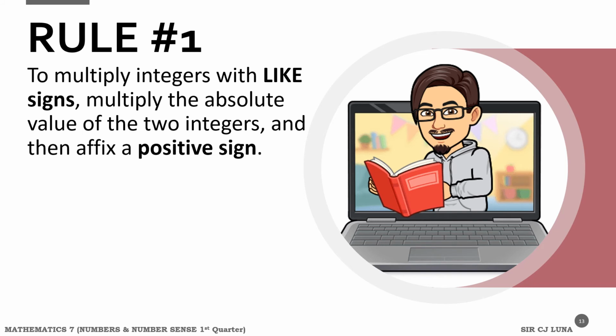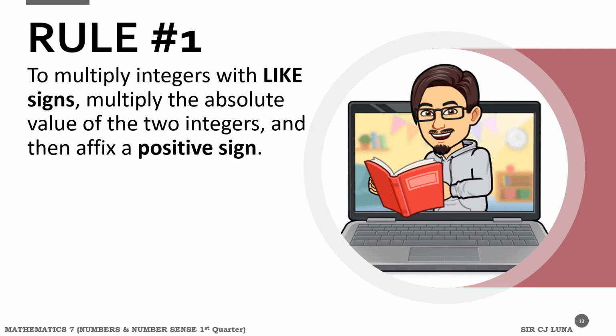Rule number 1 in multiplying integers. To multiply integers with like signs, multiply the absolute value of the two integers and then affix a positive sign. Okay? Kapag daw yung ating mga integers ay meron silang similar signs. Ibig sabihin, pareho yung kanilang sign.